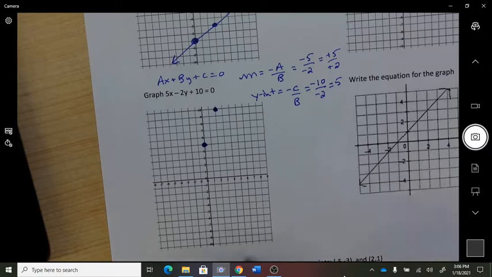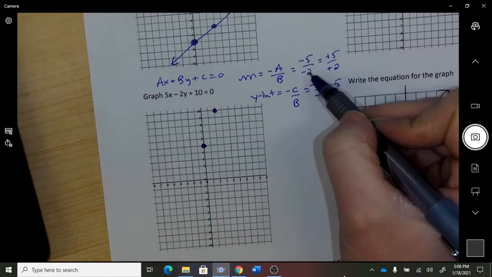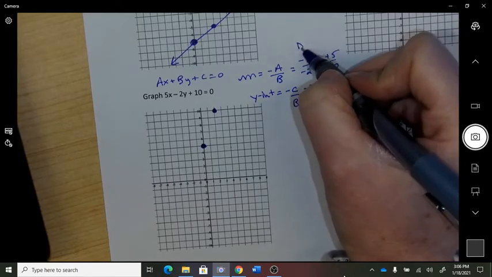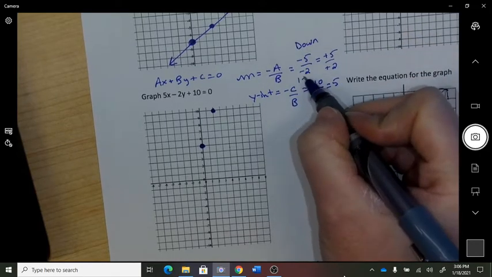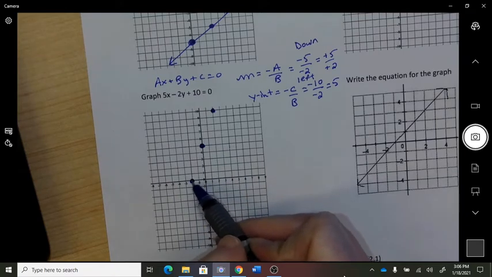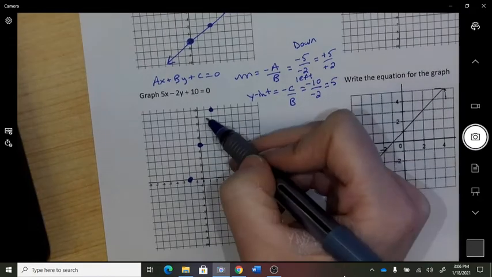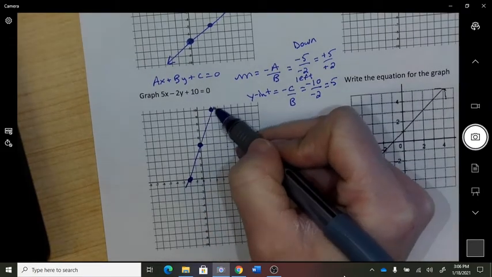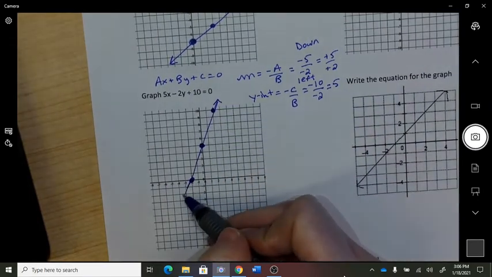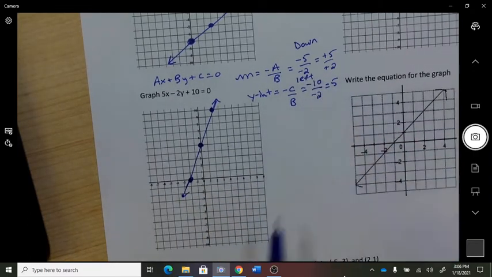Okay? If you didn't think to change this to positive, this would make you go down 5, left 2. So watch what happens, down and left. It doesn't matter because it all ends up into the same line. So it should work out the same, but you would just have to note that this would move left as a negative.